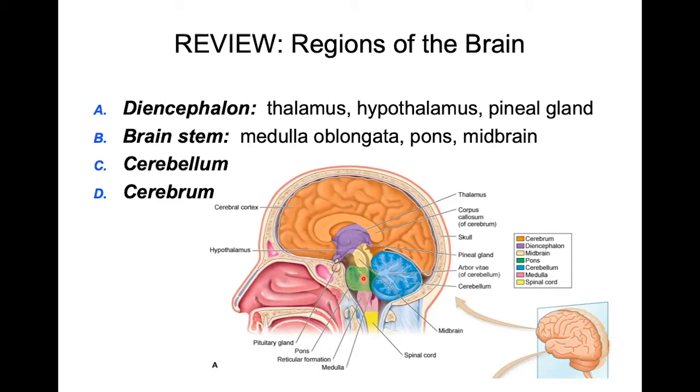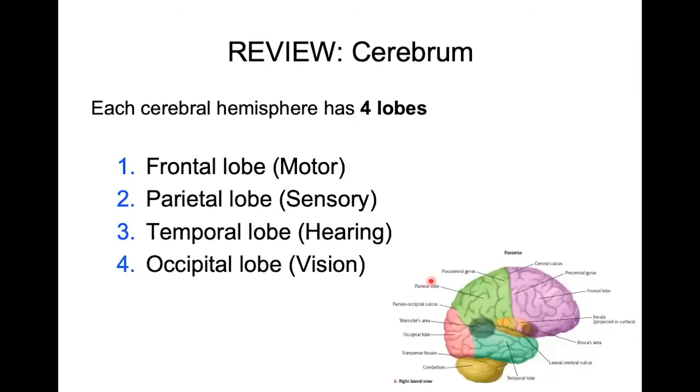Now, posterior to the pons, we have the cerebellum, which is responsible for coordination of muscle movements and fine motor skills. And then finally, we finished off looking at the cerebrum, the different lobes that make it up, and the various functions of each of those lobes. You recall that the lobes of the cerebrum are all named according to the cranial bones that lay over top of them.